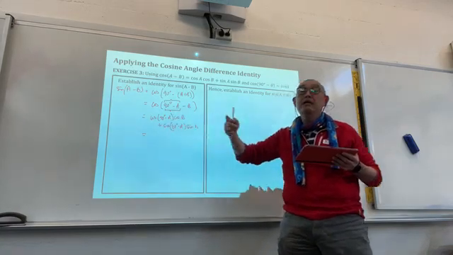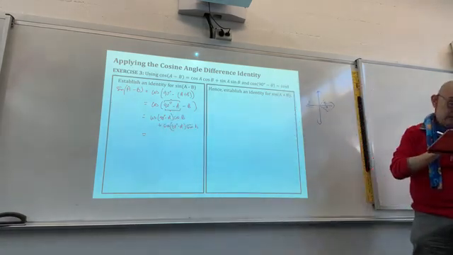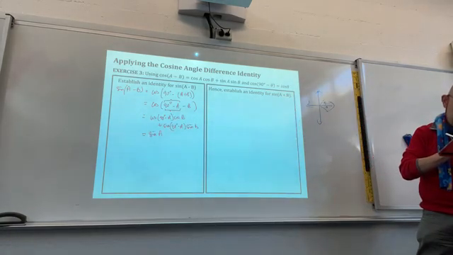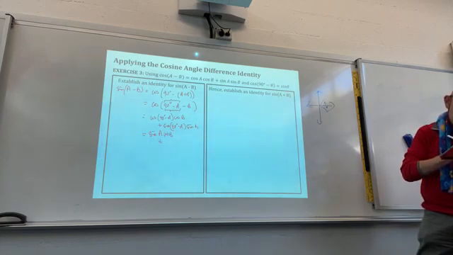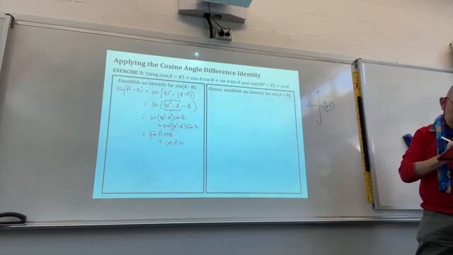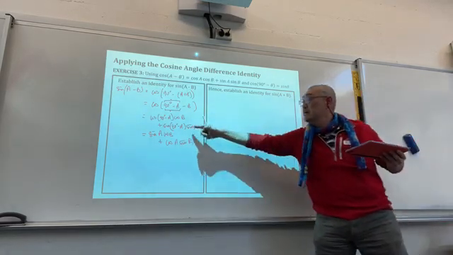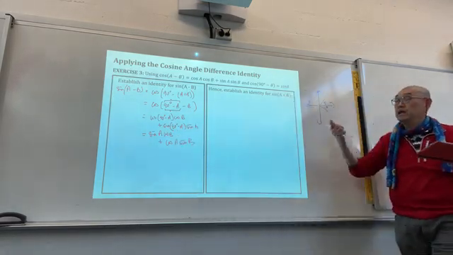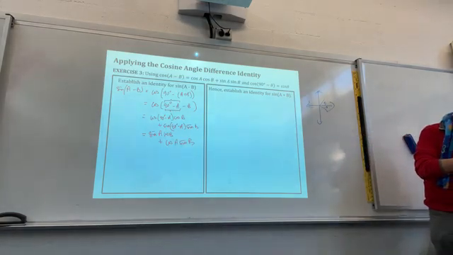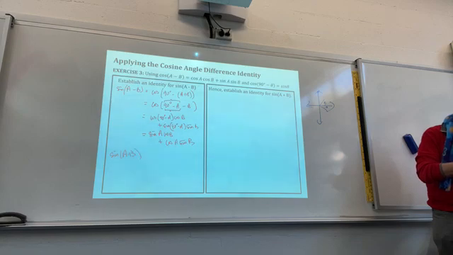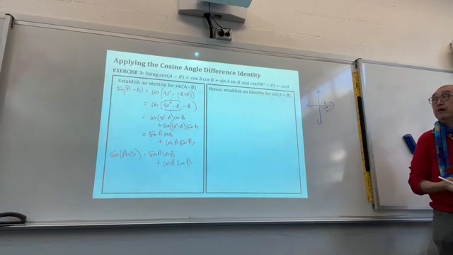It's actually sine A. So it's sine A cos B plus cos A sine B. Correct? Because sine of 90 degrees minus A is actually cos A. So writing it out again, sine A minus B equals sine A cos B plus cos A sine B.